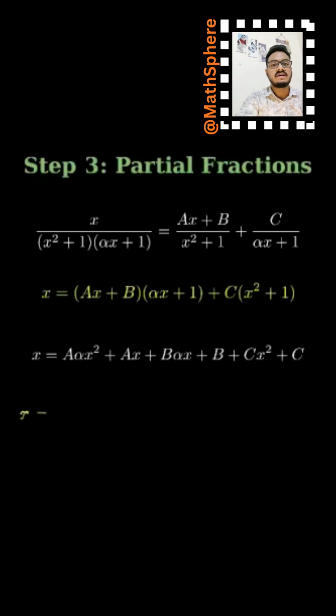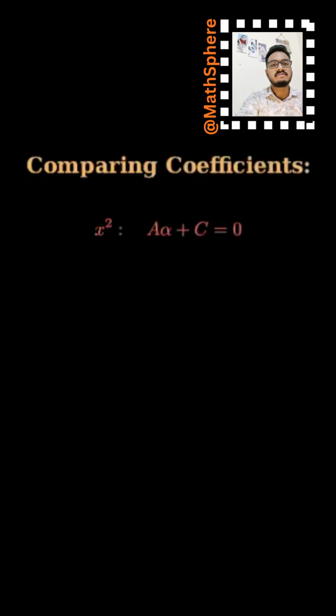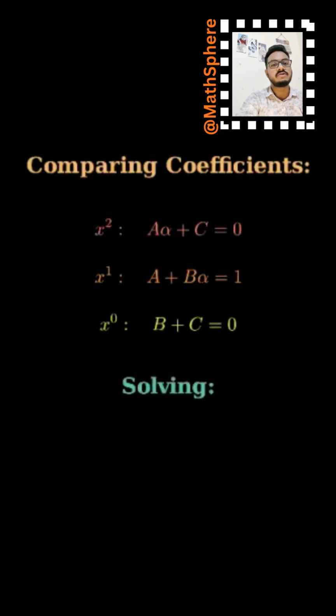If we compare the coefficients of x square and x, we can compute easily the values of the coefficients a, b and c. Comparing the coefficient of x square, we get a times alpha plus c equals 0. For the coefficient of x, we get a plus b alpha equals 1. For x raised to 0, we get b plus c equals 0. From the third equation, we get c as minus b.